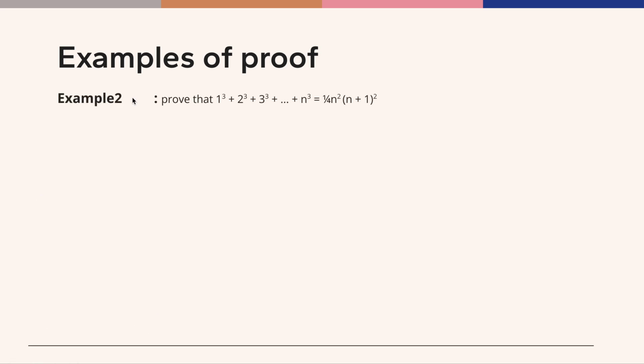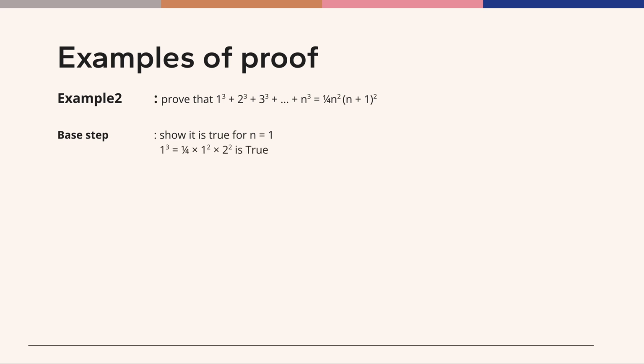Our second example proves that 1 cubed plus 2 cubed plus 3 cubed and so on until n cubed equals 1 over 4 n squared multiplied by n plus 1 squared. Do not forget our first step, we need to show that it is true for n equal to 1.